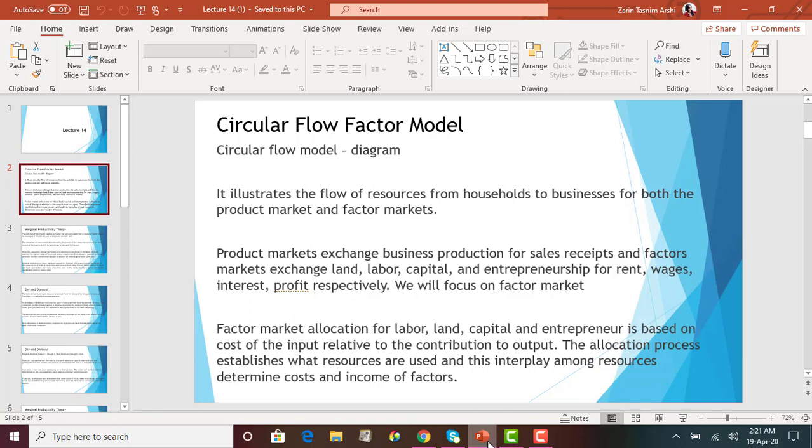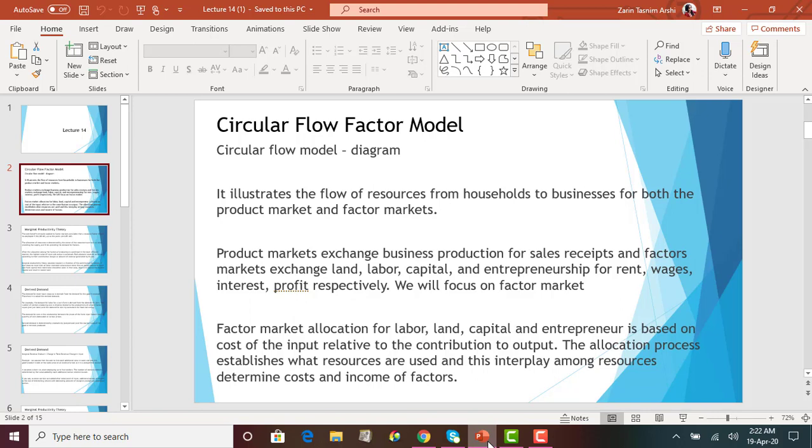Now, factor market allocation for land, labor, capital, and entrepreneur is based on the cost of that resource relative to its contribution to the output. What this line is saying is that how much labor I will use for production depends on the cost of that labor and how much this labor is contributing to the final goods and services.